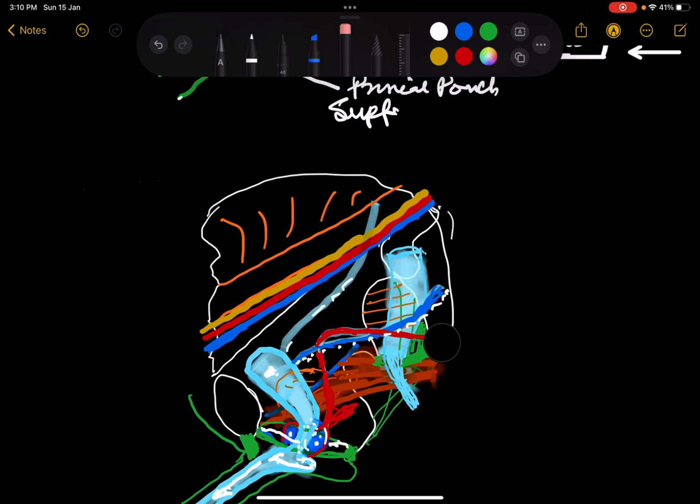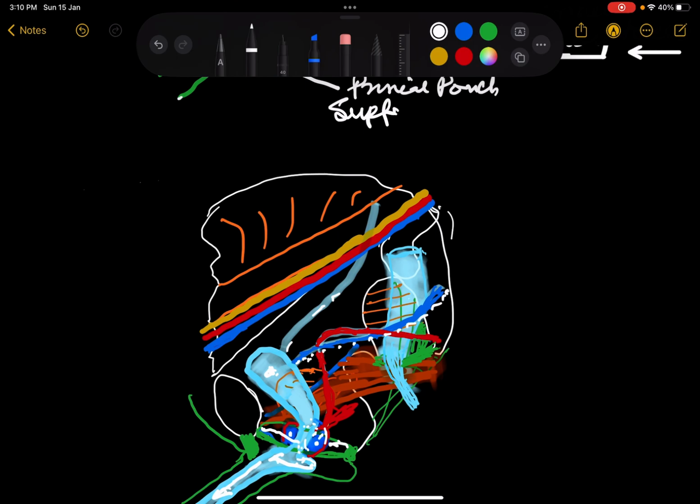and the vas deferens comes from the anterior abdominal wall, this red one. It crosses the ureter, then turns down, goes behind the ureter, and ends in the ejaculatory duct.